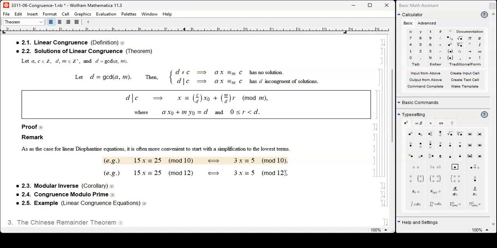Now, how about the next example here? 15x is congruent to 25. That part is the same, but this time let's consider modulo 12. Division by 5, we have 3x is congruent to 5, the same as before, but, big but, what's the GCD? The GCD of 3 and 12 is 3, and 3 does not divide 5.